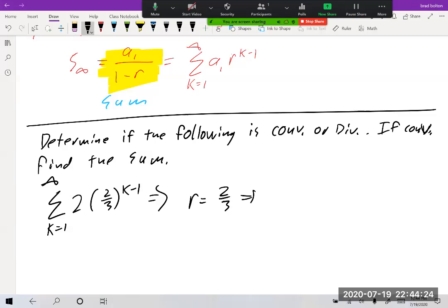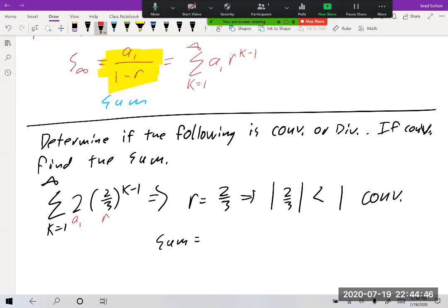And we know that since the absolute value of 2/3 is less than 1, it is convergent, by the geometric. And because it's convergent, we know the sum is equal to a sub 1 over 1 minus r. So now we have to find a sub 1. Well, a sub 1 is just 2, right?